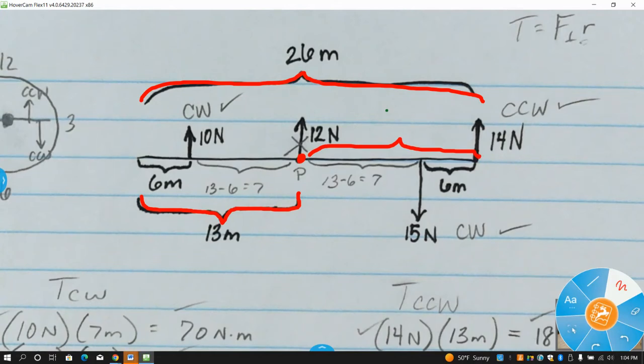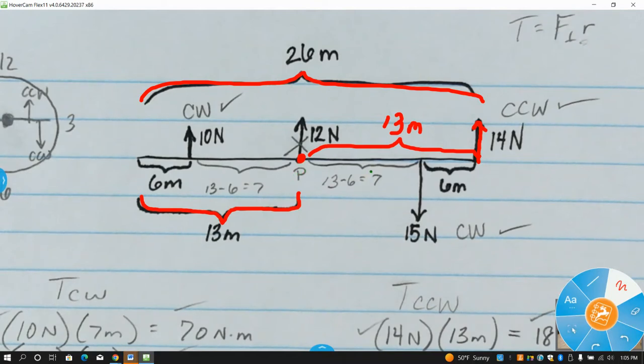So 26 minus 13 is 13. So since this 14 is all the way at the end, this 14 is a total 13 meters away from P right here. That's where the 13 came from.